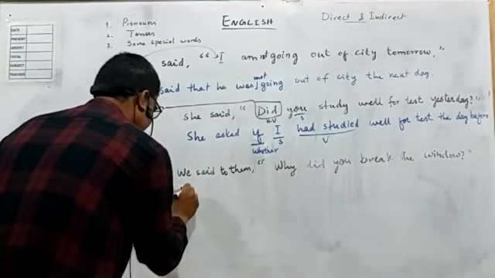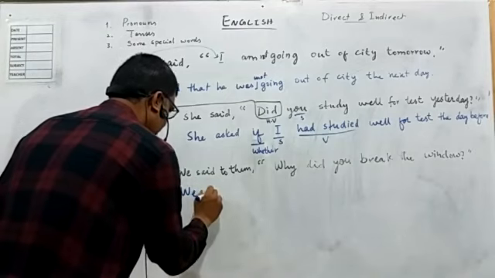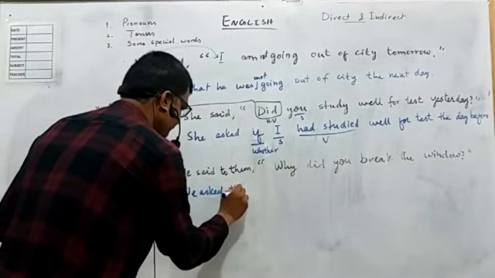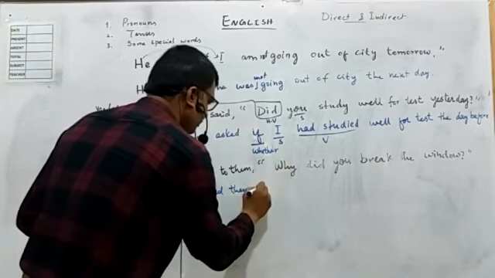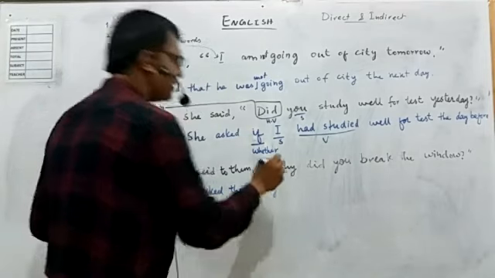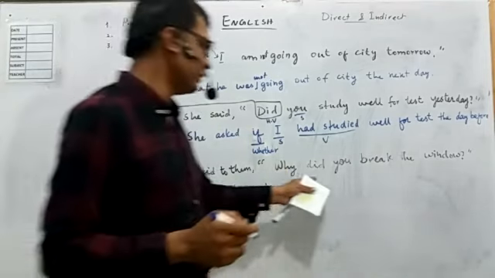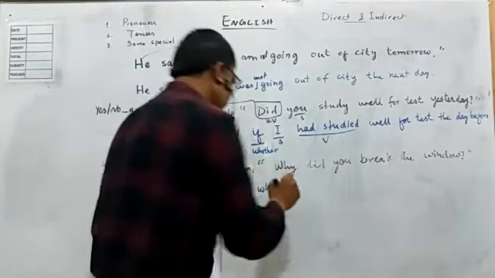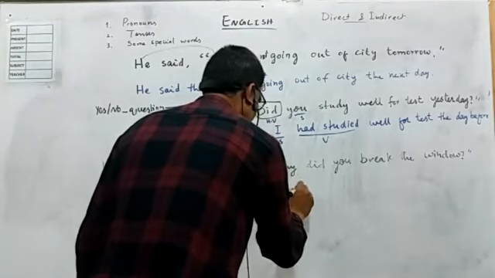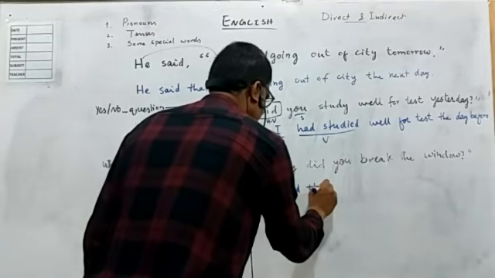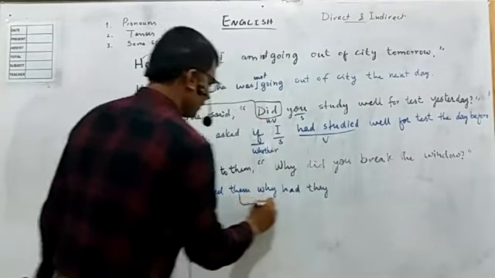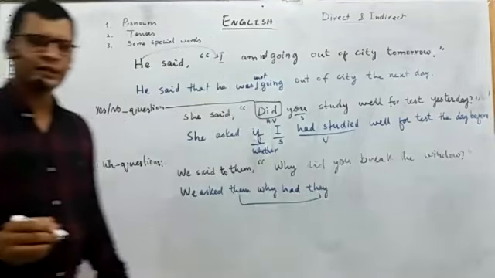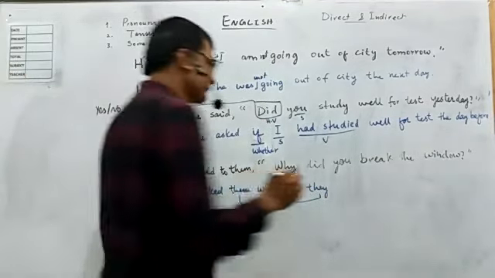We will say, we asked them. Now this question word will be as it is. Why? And again, because it is did you, which is past tense, that will be into past perfect. Why had they? Because of this them, it is they. Why did they?